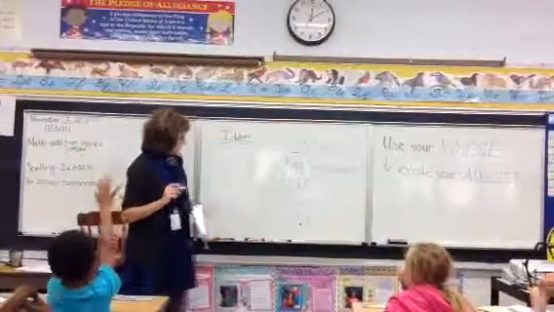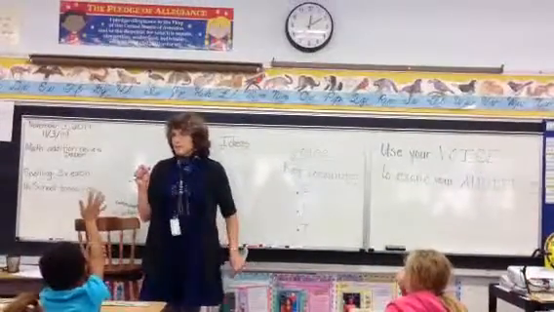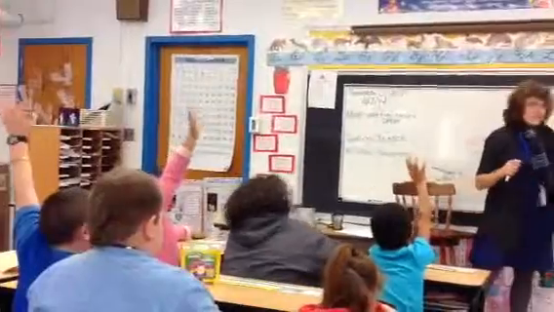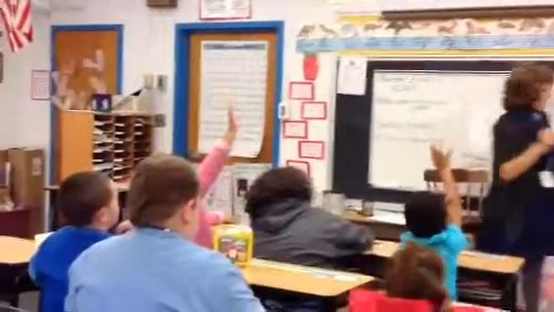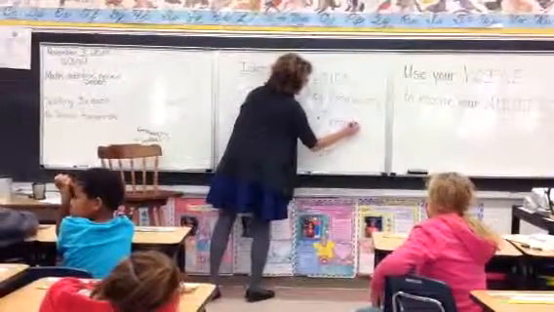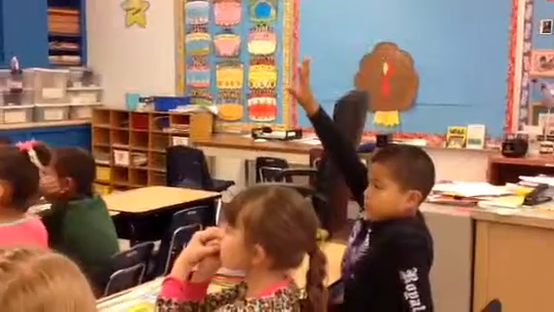So when we think about the three different key vocabulary ideas for voice, what's the first one that comes into your head? Yes. Personality. Okay, personality. That has a lot of syllables in it, doesn't it? Personality.